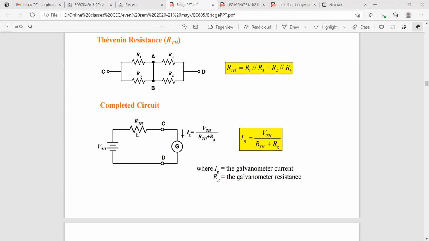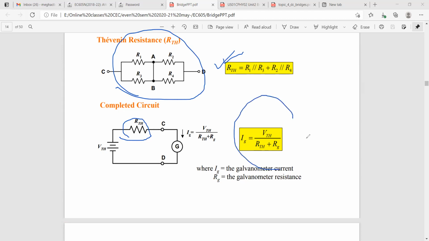In Thevenin, you must know that once we find the RTH, we concise all the resistances under one roof. I need a simple circuit where I have a VTH, where I have RTH, and what I need to find is my current. So the formula for the galvanometer current comes like this: IG equals VTH upon RTH plus RG.